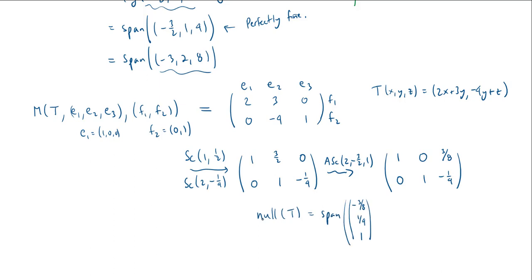Maybe we aren't super happy with denominators, so we can clear denominators by multiplying by 8. We'll end up with negative 3, 2, 8. And hey, wait a second, that actually matches the vector we got doing this the first way. Of course, we've written it vertically instead of horizontally, but that doesn't really matter here.